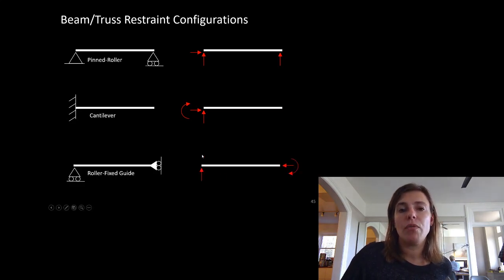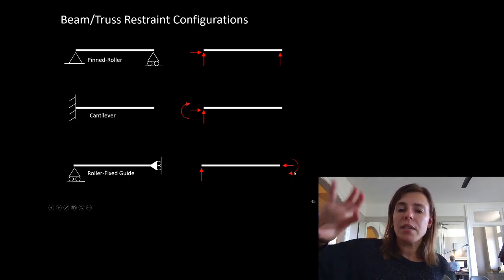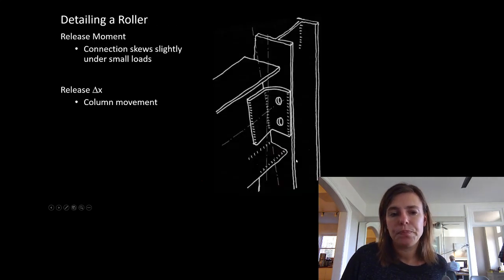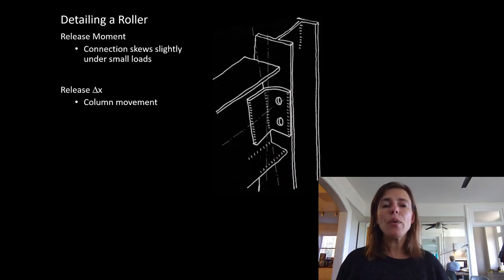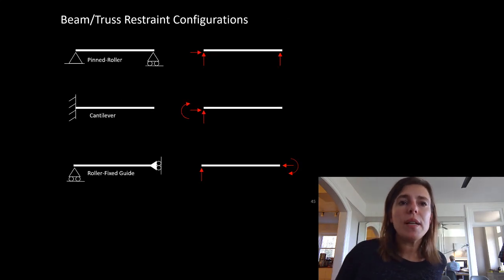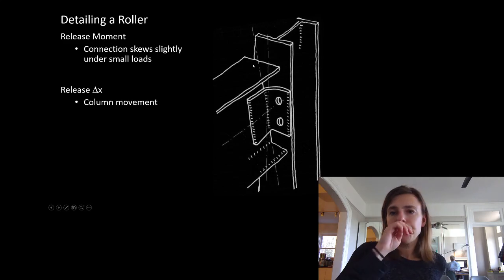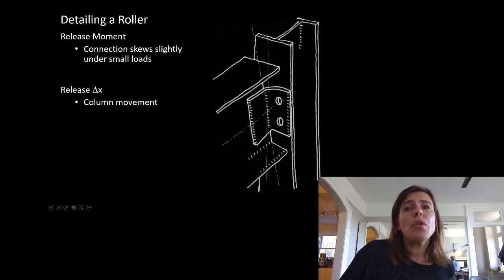So you can see here, we've got something restraining it here, something restraining it here, and something restraining it from rotating at this end. So how do you detail a roller? What does that roller connection look like? Well, there are two kind of things that can start to happen.